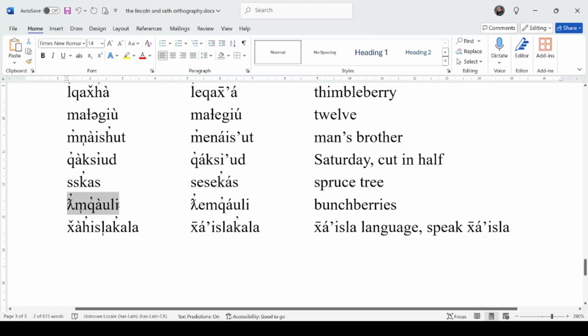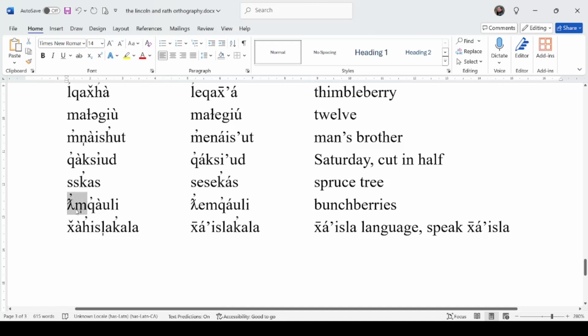The next example is tlumkoli. Tlumkoli. So again, nothing in between these two consonants. Actually, I have three consonants in a row. You can have two consonants right after another in some situations, but usually not in these kinds of cases.